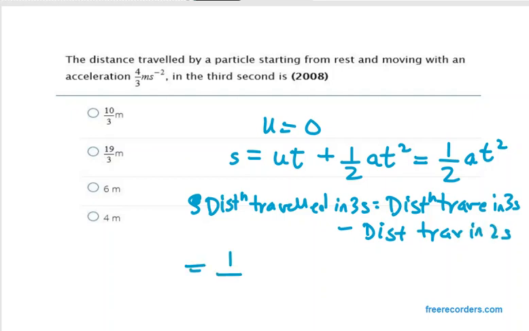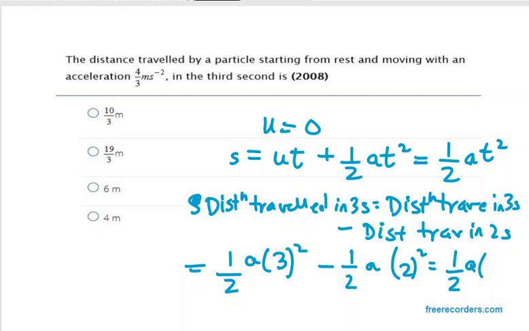So it will be half a 3 square minus half a 2 square. So this will be half a, and I'm taking it common. So it will be 9 minus 4, that is half a into 5.